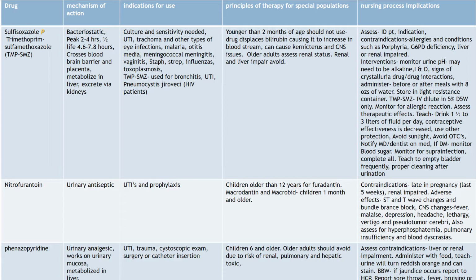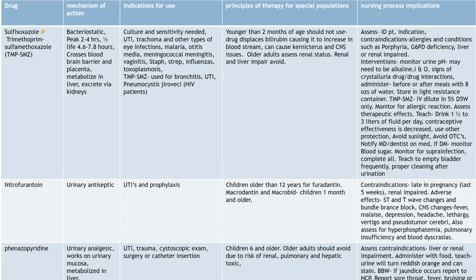What happens with that is it can accumulate in the gray matter of the central nervous system and cause irreversible neurological damage. So we need to be very cautious, or not use it for children younger than 2 months of age.